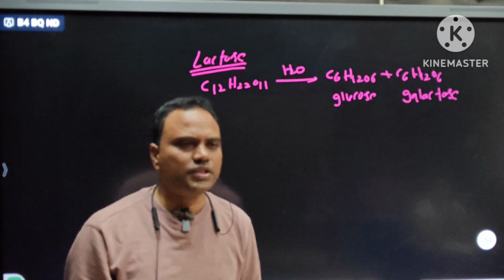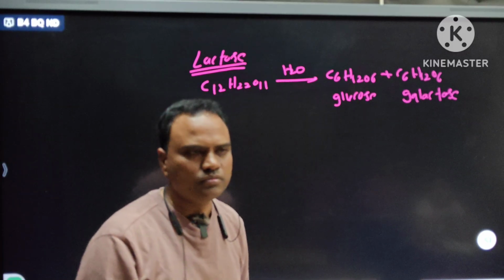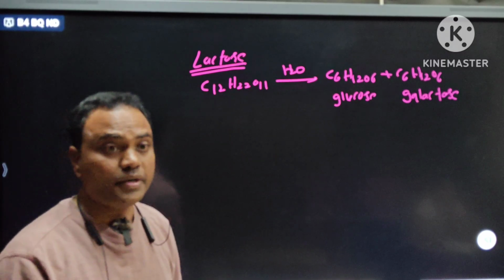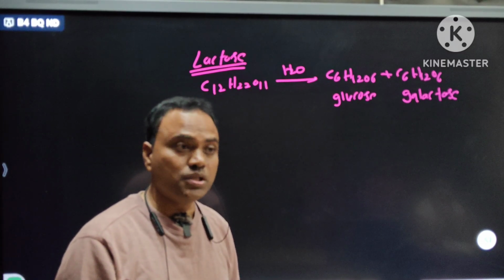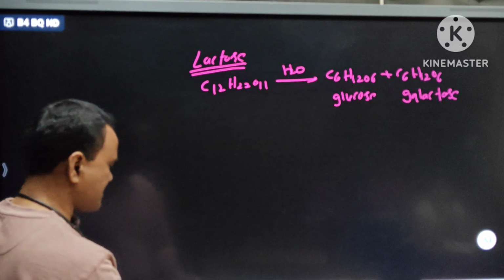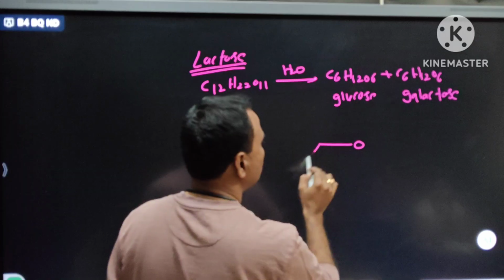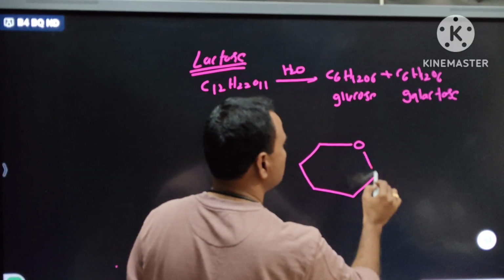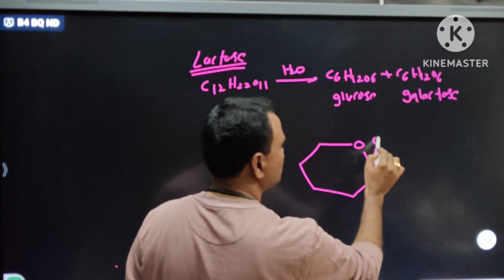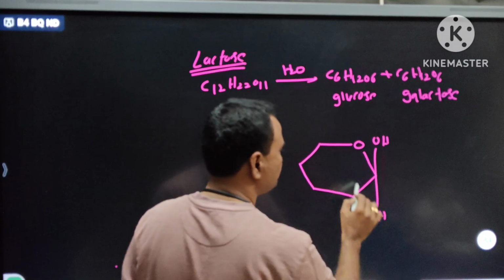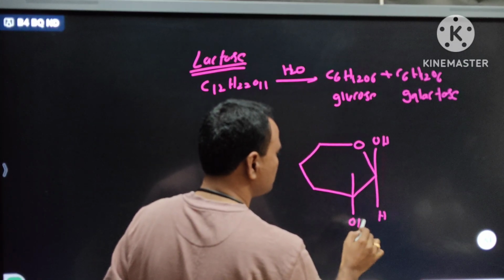Lactose is made up of glucose and galactose, beta forms, not alpha forms. You tell me, glucose and galactose are which epimers? They are C4 epimers.